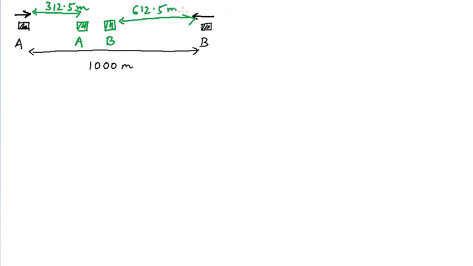And this distance is 612.5 meters. We have calculated earlier that the sum of these two numbers, that is 312.5 meters and 612.5 meters, the sum of the two displacements, is 925 meters, which would mean that the intervening distance between the trains, the distance that remains between the two trains when they stop, is 1000 minus 925 meters, which is of course 75 meters.